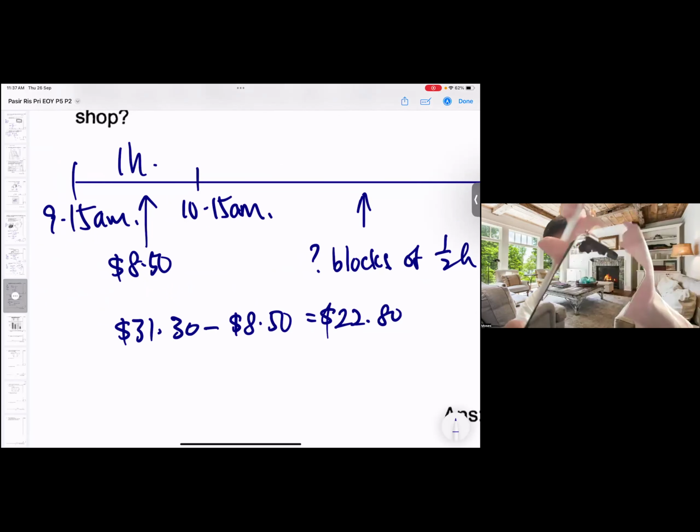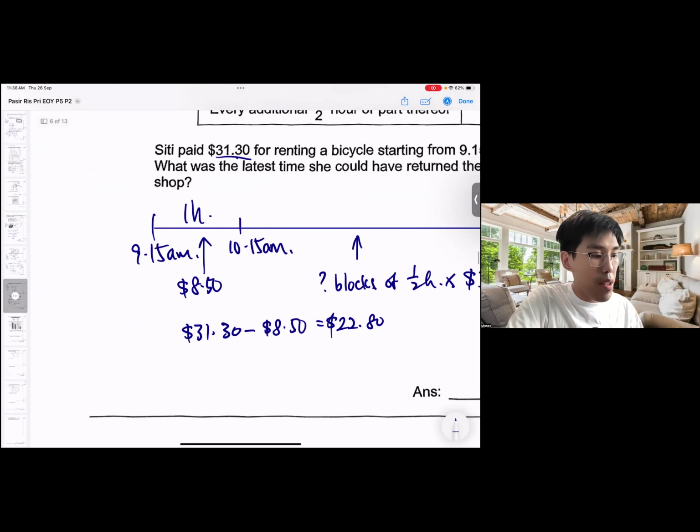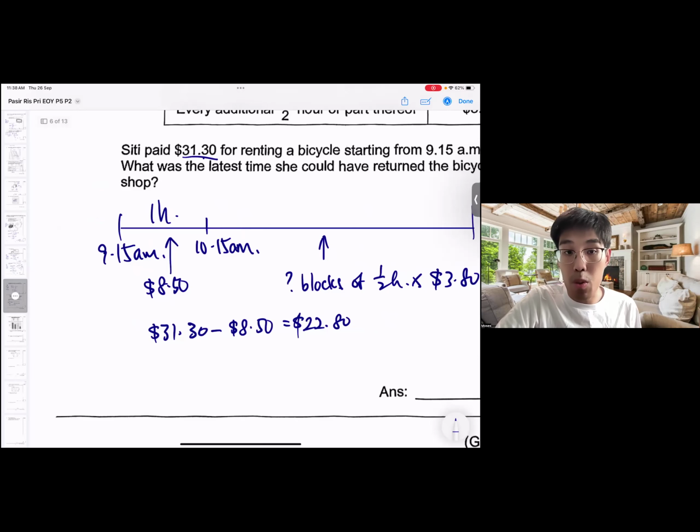So you all can see. Yeah, 22.8. Okay, so that means the remaining amount of time make up to be 22.80. So now the question is, how many blocks of 22.80 are there? That is what we need to go and find.